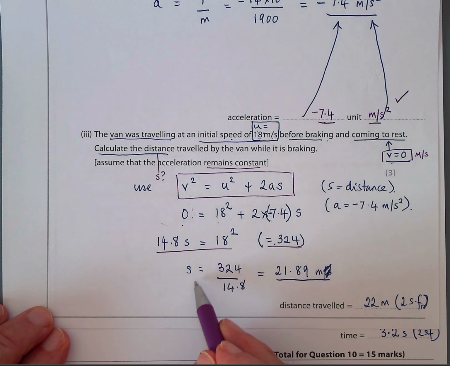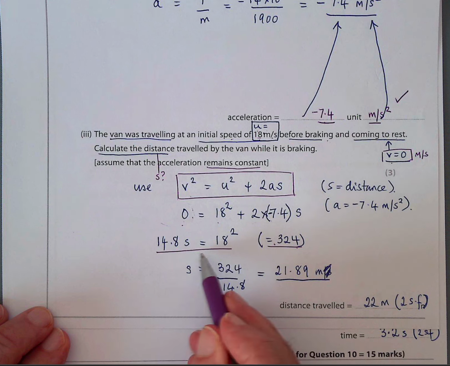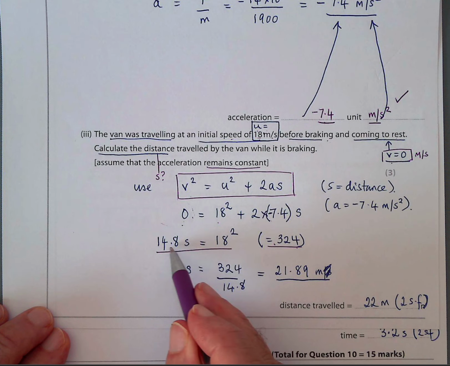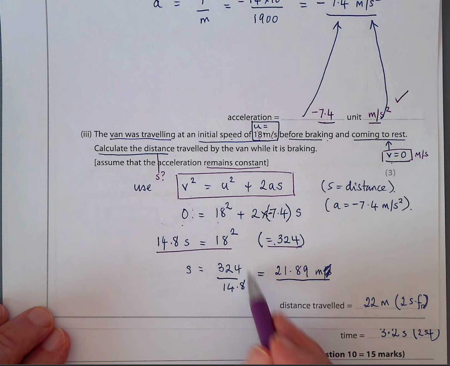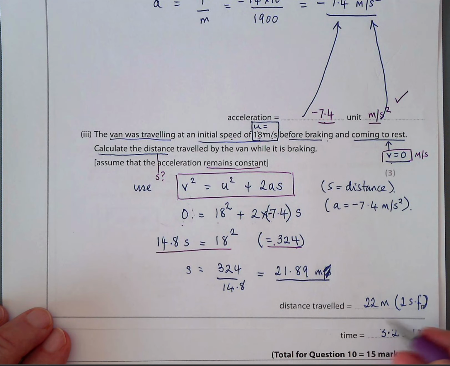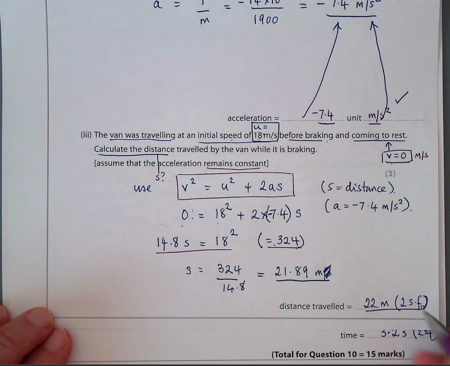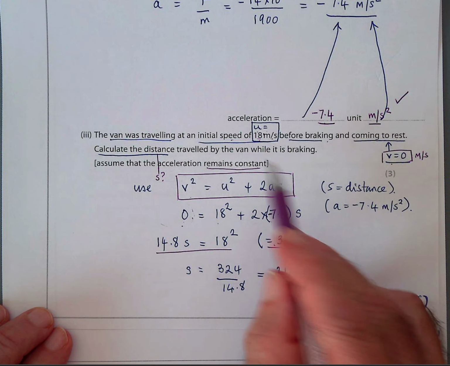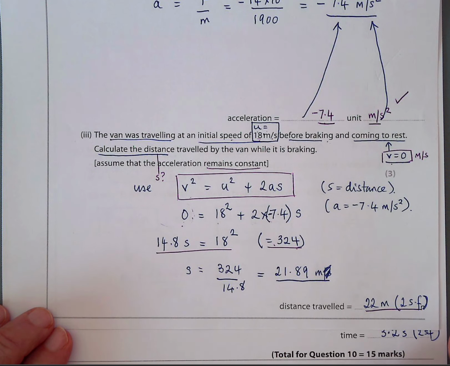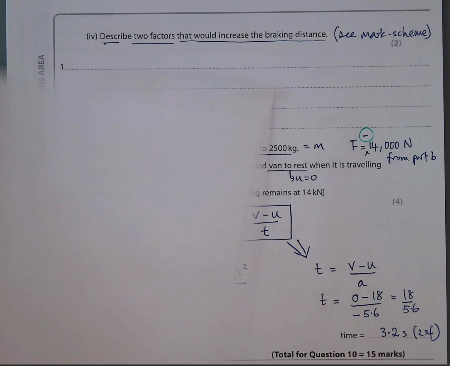To put s on its own, you change the subject to make it s, divide both sides by 14.8, and the answer is 21.89, which again you only need to put to 2 significant figures, because all the data provided is 2 significant figures in these questions. Okay, hope that helps.